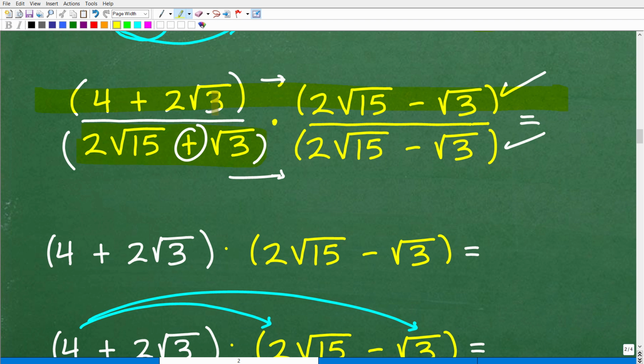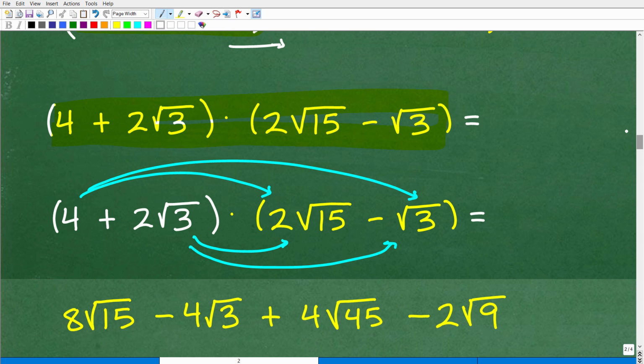Notice here, there is the numerator 4 plus 2 square root of 3 times 2 square root of 15 minus square root of 3. Let's figure that out right now. We'll do that work and then we'll do the denominator work in a second. The way you want to look at this is you're going to use the same steps as what we call FOIL: first, outer, inner, last.